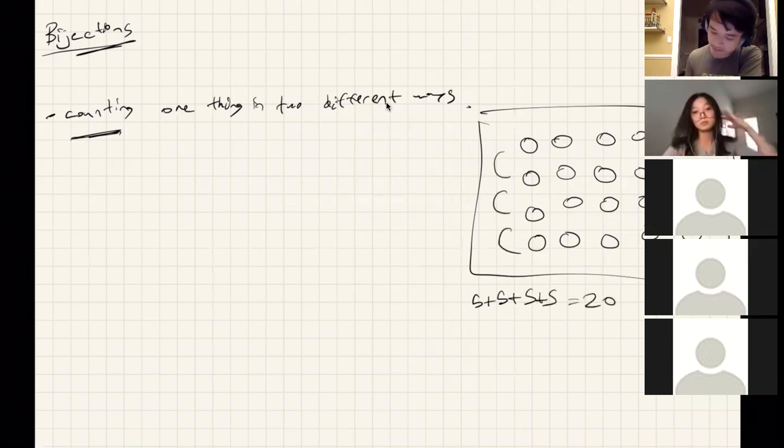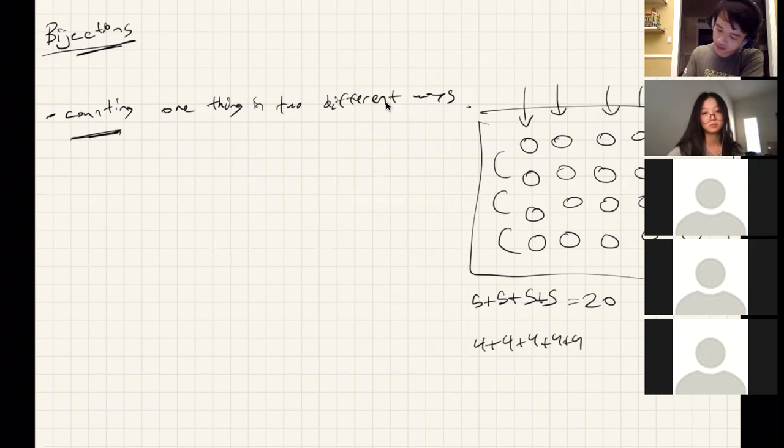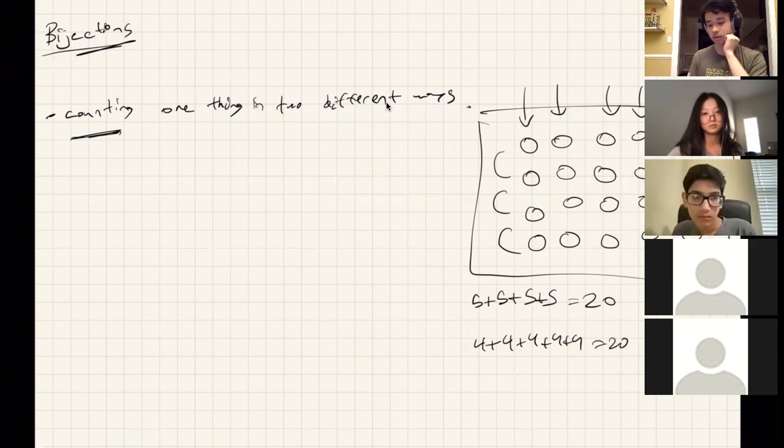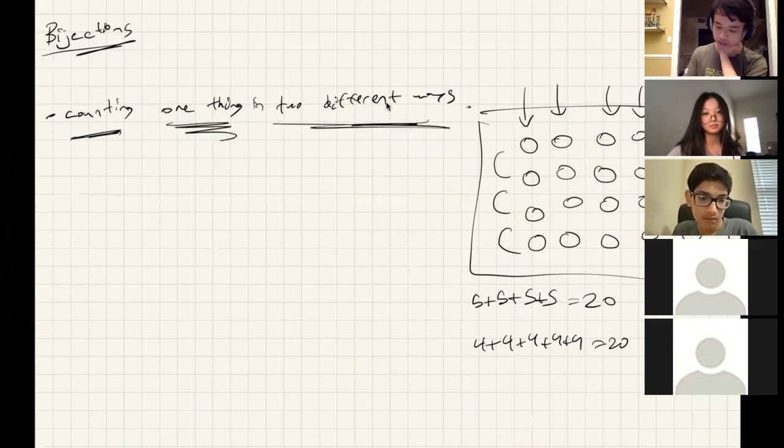That gives us 20. Or you can count by columns, going 4 plus 4 plus 4 plus 4 plus 4. And this is a very elementary example of a bijection, which is basically counting one thing in 2 different ways.